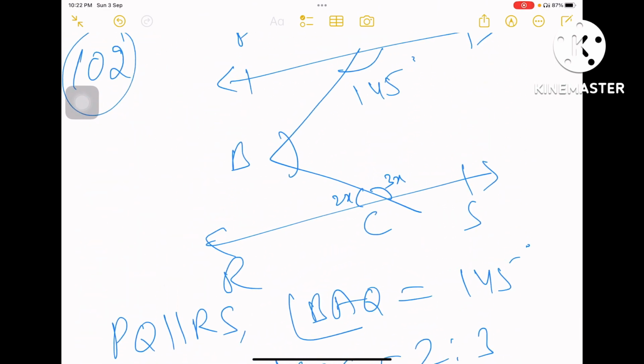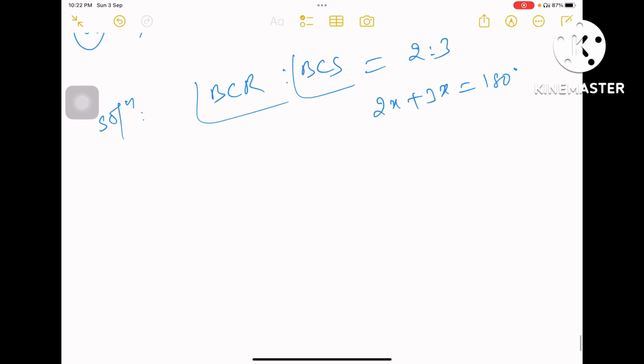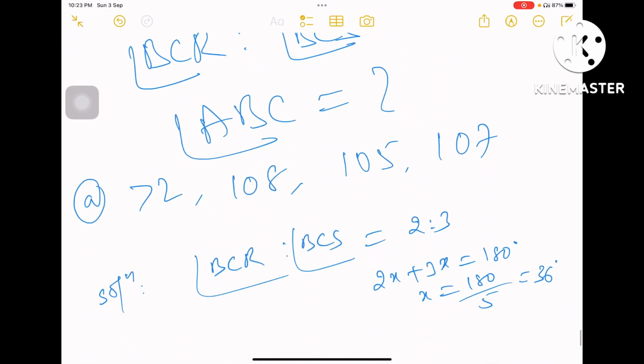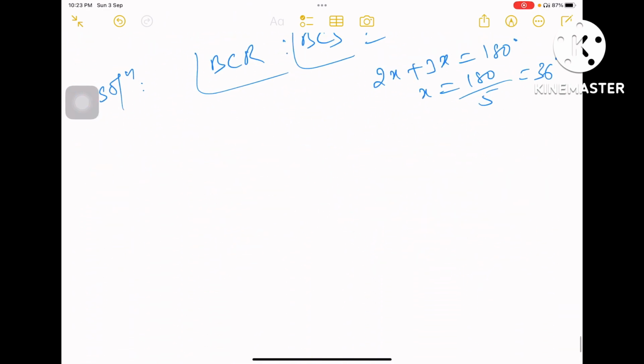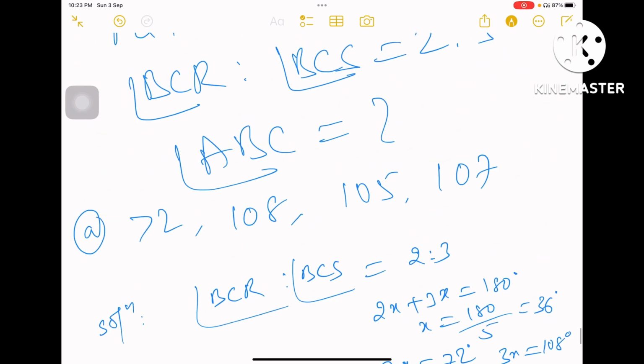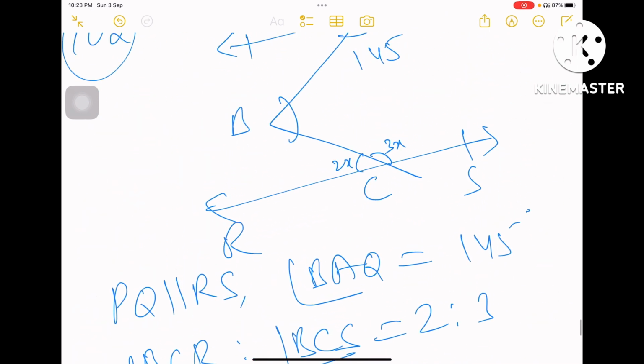BCR and BCS are forming a linear pair. So x is 180 by 5, that is nothing but 36 degrees. X is equal to 36. So 2x is 72 degrees. 3x is equal to 108 degrees.